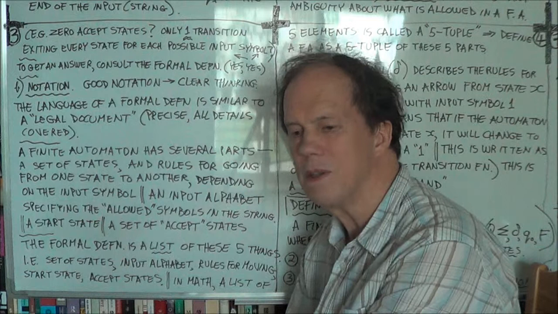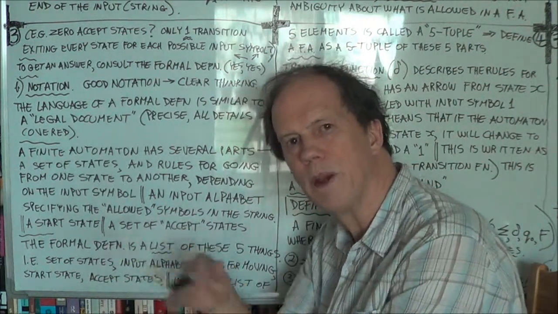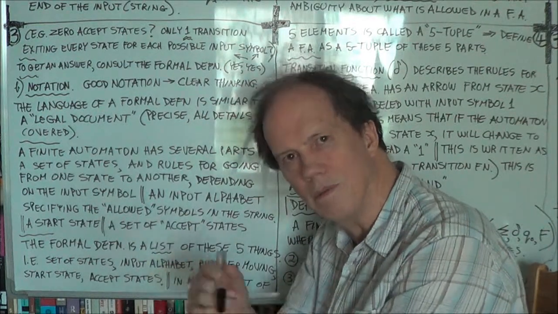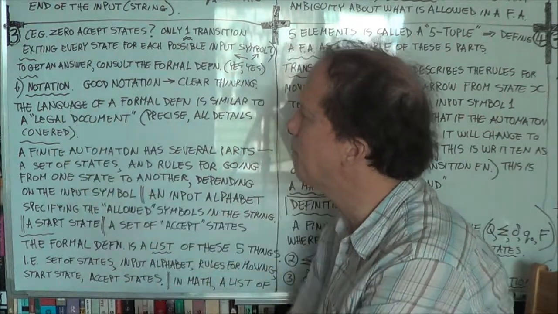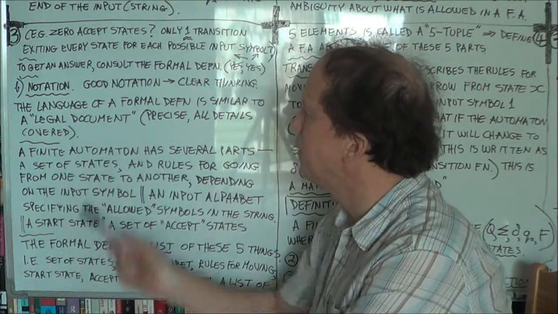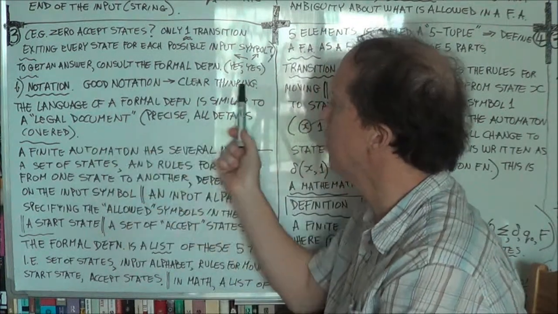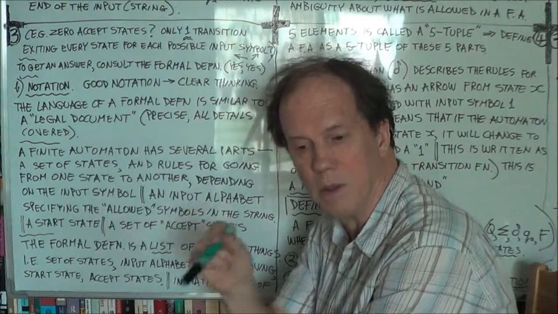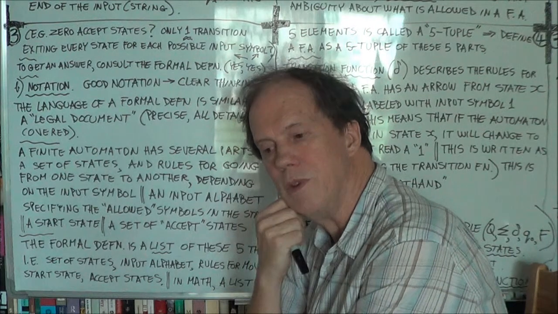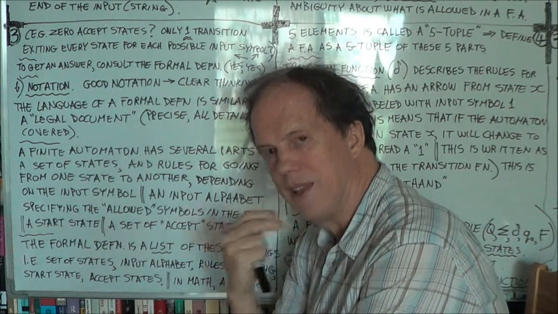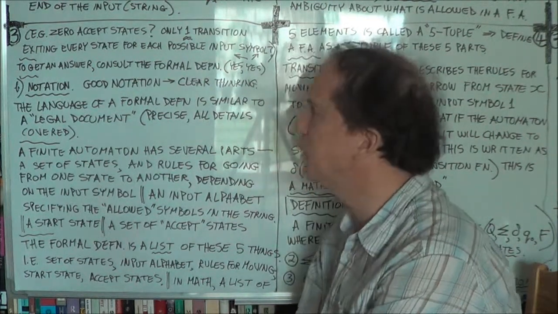It's like musicians, they all use the same notation for writing down music on paper, so other people can read someone else's music. So good notation helps clear thinking when you're writing down your description of an automaton using this standard, precise, formal definition.